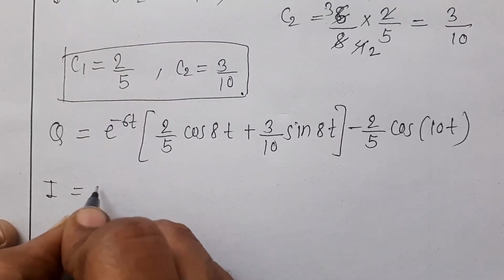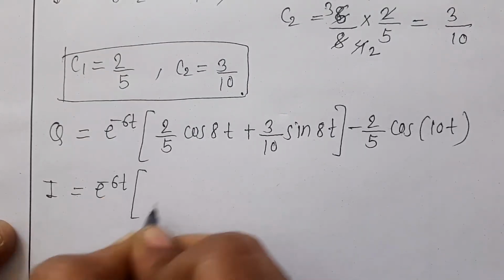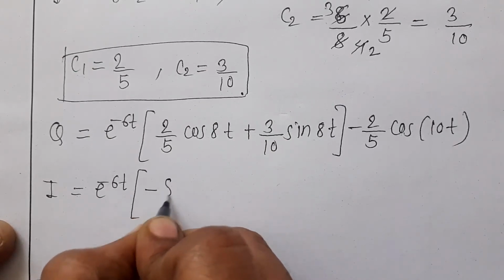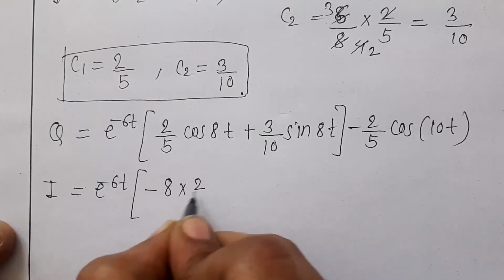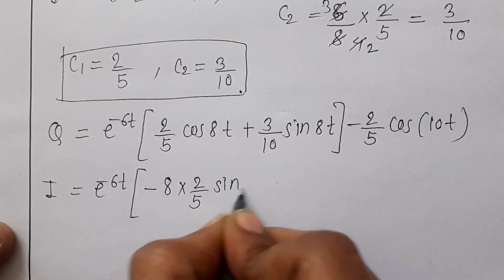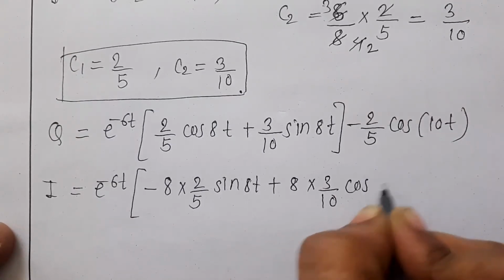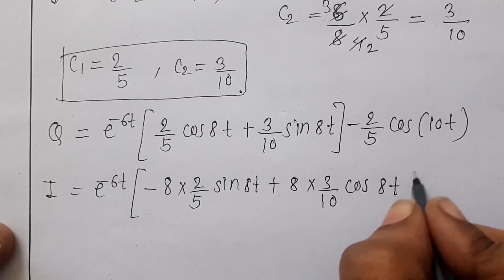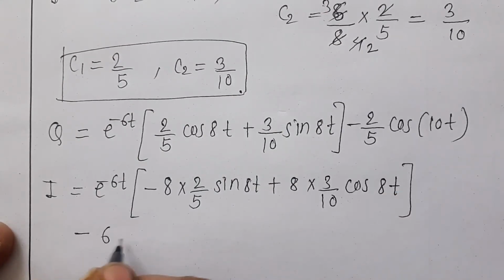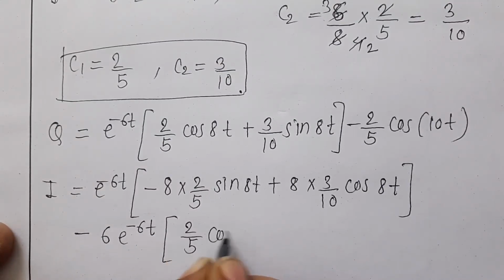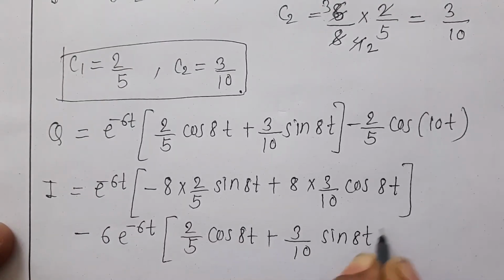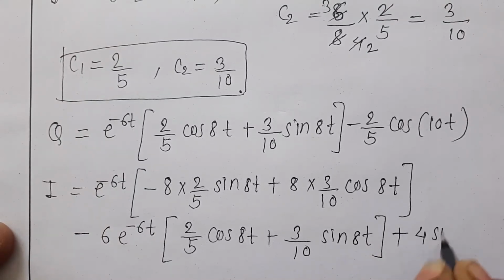So I is equal to e to the power minus 6t in bracket, minus 8 C1, C1 is 2 by 5, sin of 8t, plus 8 C2, 3 by 10, cos of 8t, minus 6 e to the power minus 6t, C1 is 2 by 5 cos of 8t plus C2 is 3 by 10 sin of 8t, plus 4 times sin of 10t. So this is the value of I.